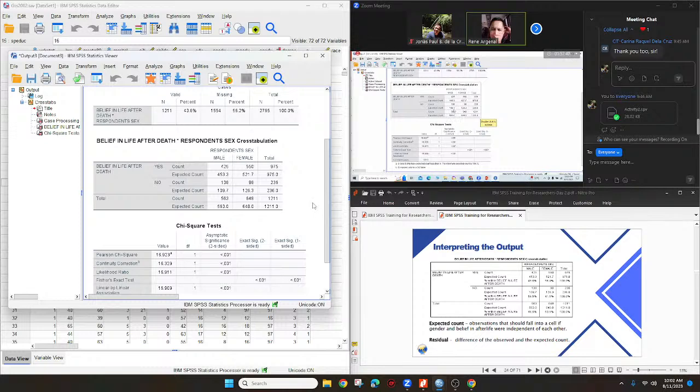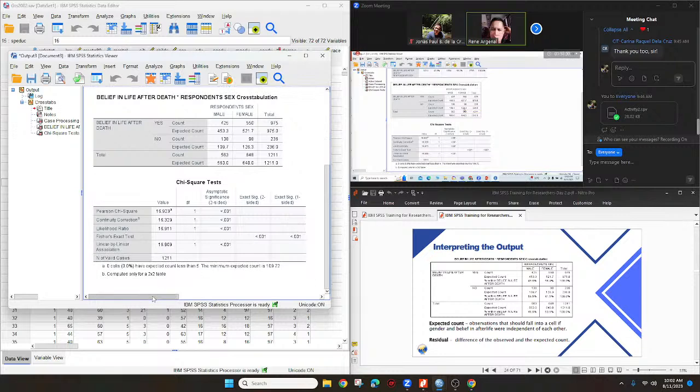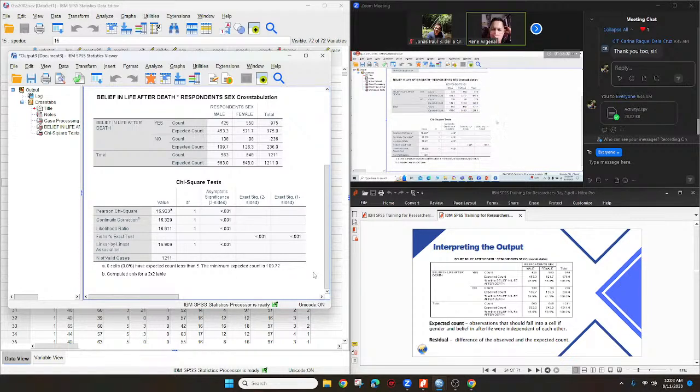The difference here is 28. So it means that the difference of 28 matters, so that we can conclude that there is really a relationship between respondent sex and their belief in life after death.